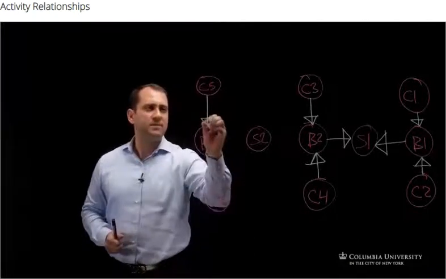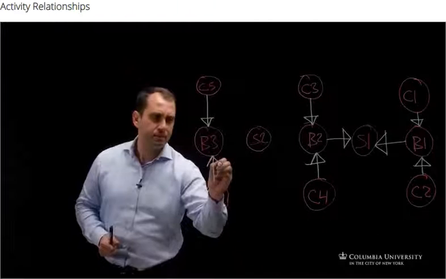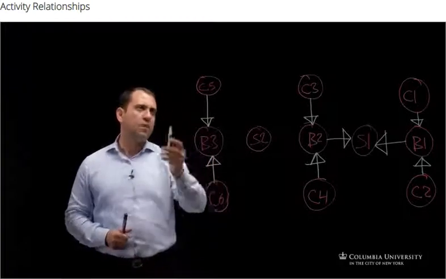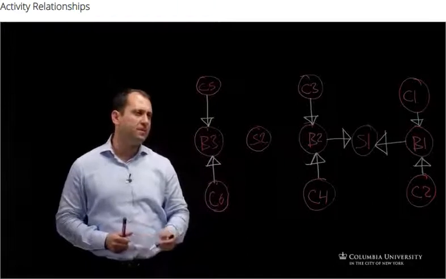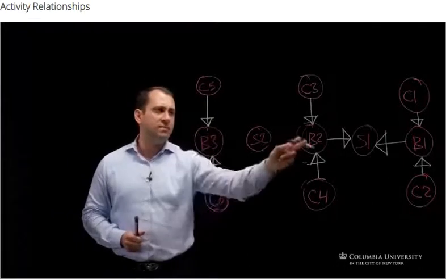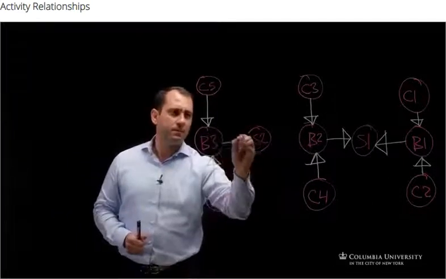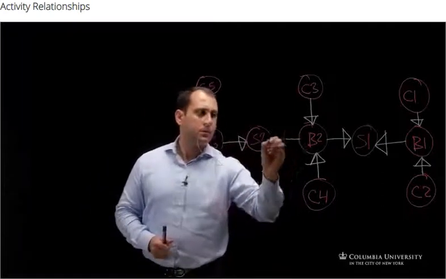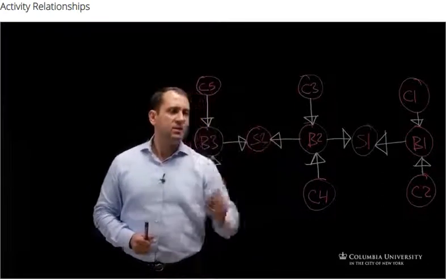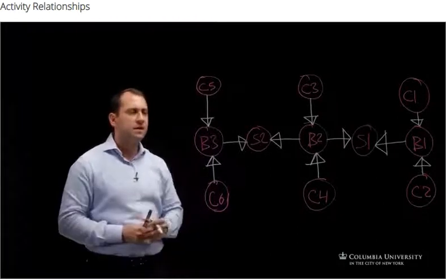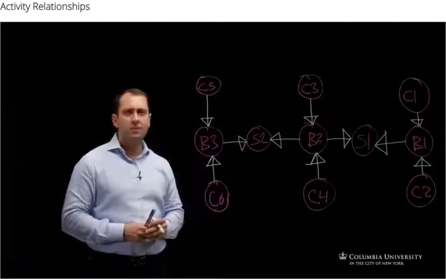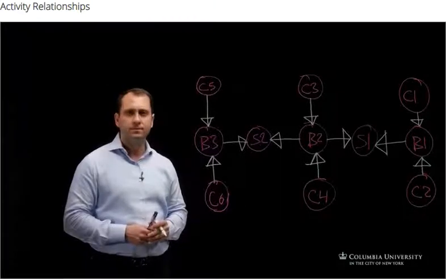And the relation is the same technical relationship: when we finish column 5 and column 6, we can build beam number 3. Once this is done and beam 2 is done, then slab number 2 can be built. So this is the logic network diagram for our question.